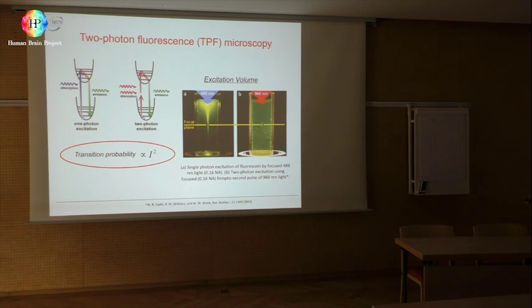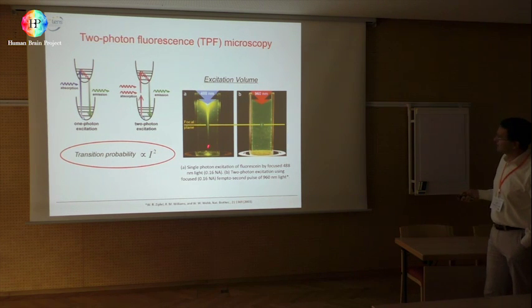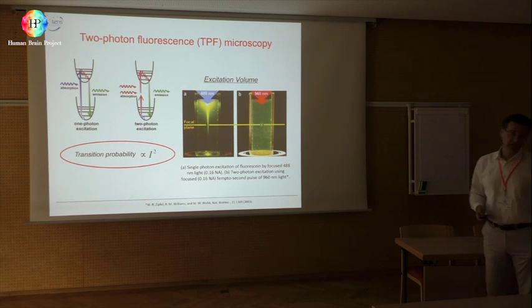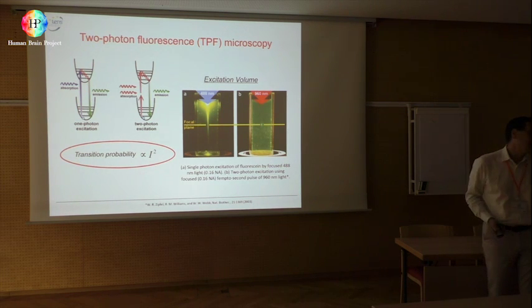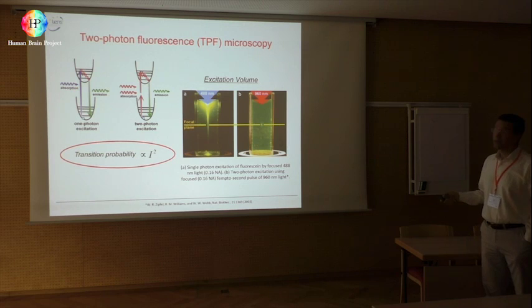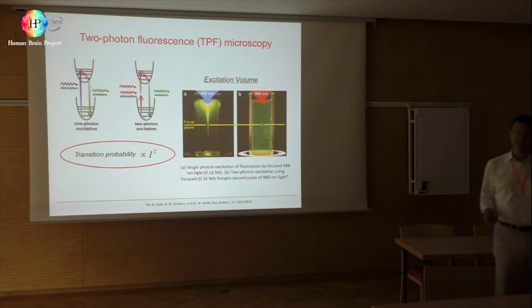Then, of course, the problem is that when I'm doing this with a confocal microscope, you see this is a cuvette with some fluorophore inside, and I'm focalizing the laser beam in this cuvette. It's a one-photon process, so every molecule absorbs one photon, and the probability to emit fluorescence is linear with intensity. It's a first-order process.